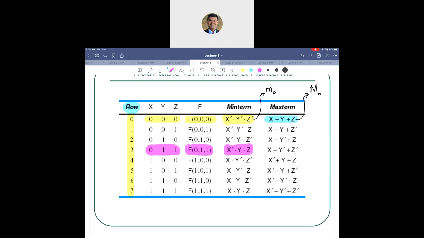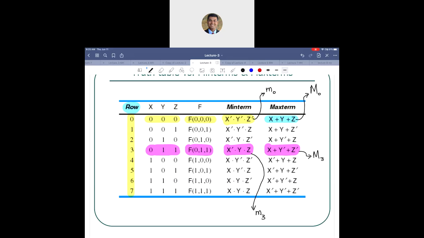So X complement and Y and Z, indicated as minterm 3. You see, I'm referring to them using their row numbers as opposed to the entire term X complement and Y and Z. Next, the corresponding max term is exactly the flipped operation, X or Y complement or Z complement. That's my max term 3.